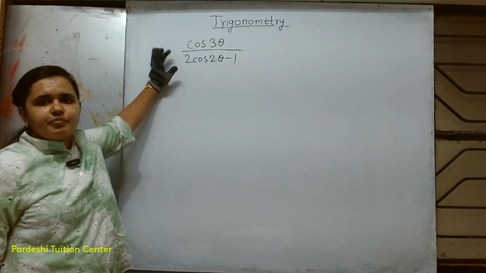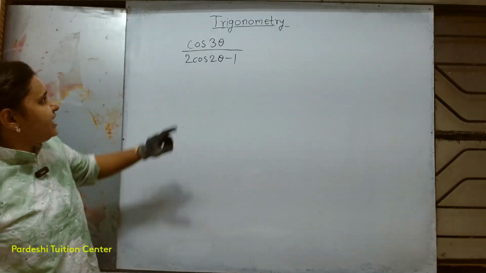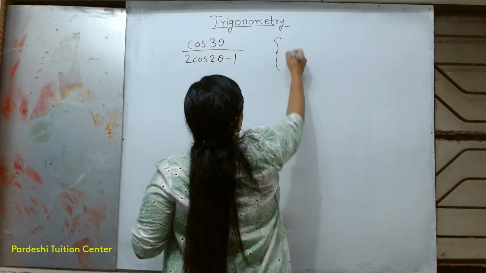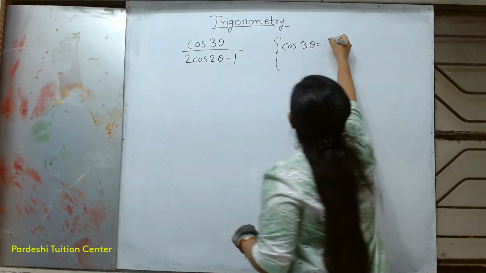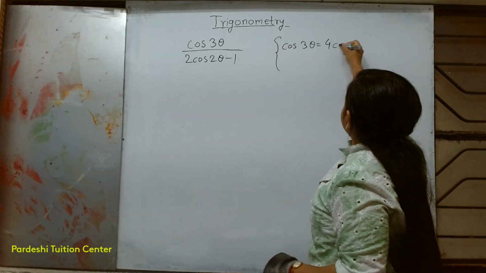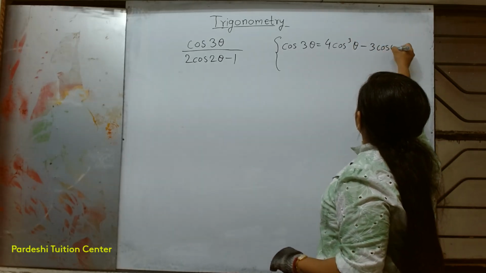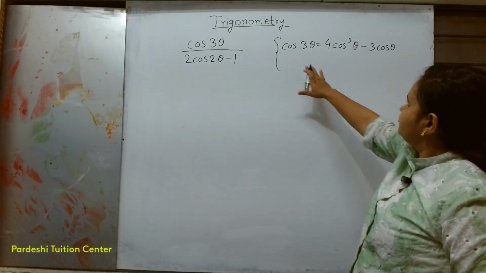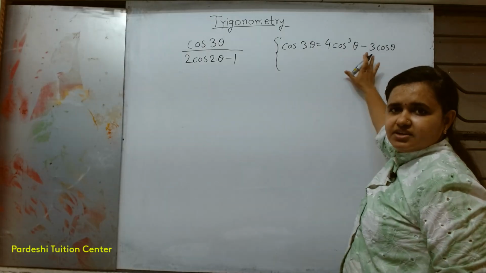Again we can write the formula for cos 3 theta. Formula for cos 3 theta was 4 cos cube theta minus 3 cos theta.